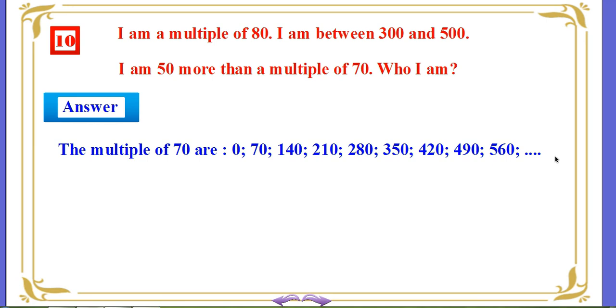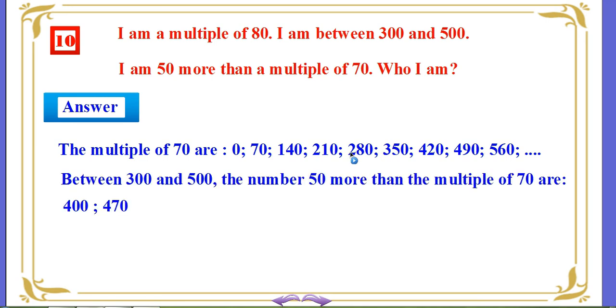Between 300 and 500, adding 50 to the multiples of 70, you have 400 and 470, because the next one is larger than 500.